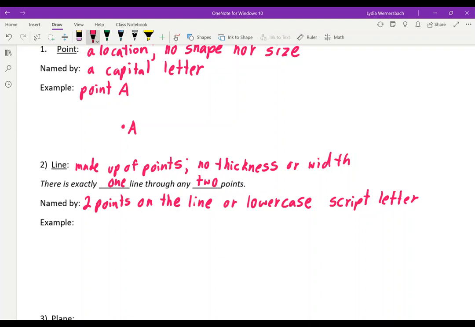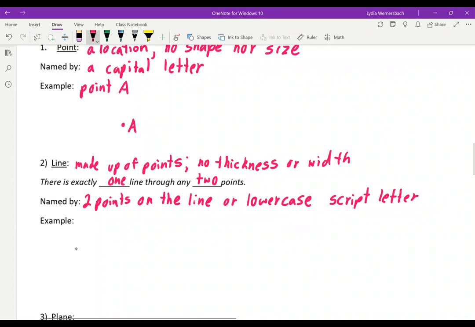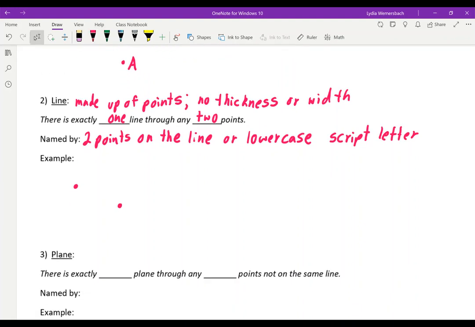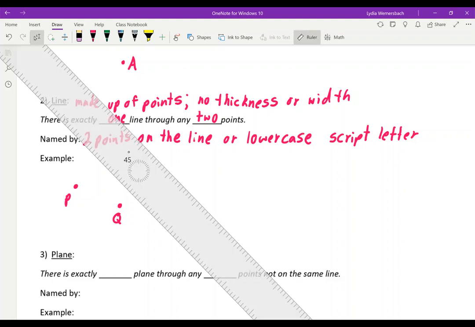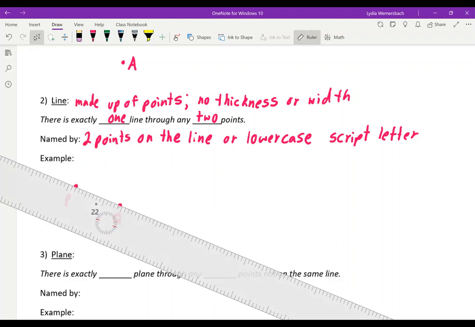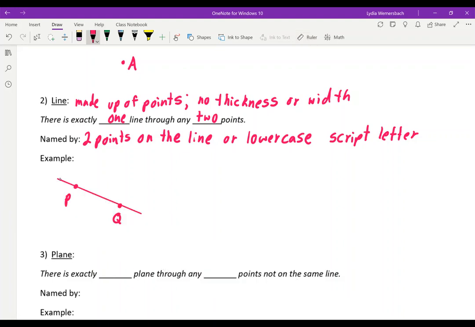So for example, if I have any 2 points, there's going to be only one way to draw a line through this. It's going to be connecting the first point to the second point. So we'll call this point P and this point Q. This would not be considered a line because it's not connecting those two. So again, there's just one way to perfectly connect these. And so a line looks like this between those 2 points with arrows on the 2 ends.